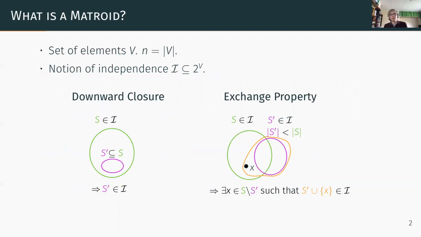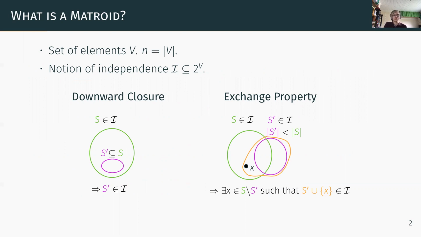So let's start by defining what a matroid is. A matroid is a set of elements, V, where we say n is the number of elements, together with a notion of independence on this set of elements. This notion of independence must satisfy two properties.